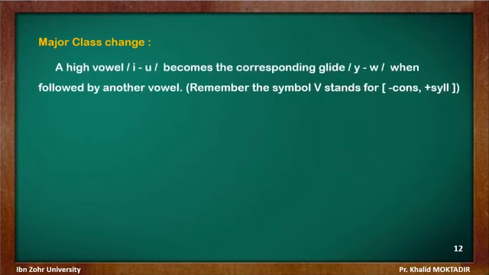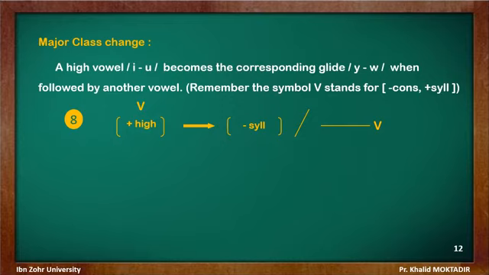The major class change. Remember, we have three major classes: consonants, vowels, and glides. A high vowel becomes a glide. That is, it moves from one major class to another major class. A high vowel, E or U, becomes the corresponding glide. This means that E becomes Y and U becomes W when followed by another vowel. Remember, the symbol V stands for minus consonantal, plus syllabic.